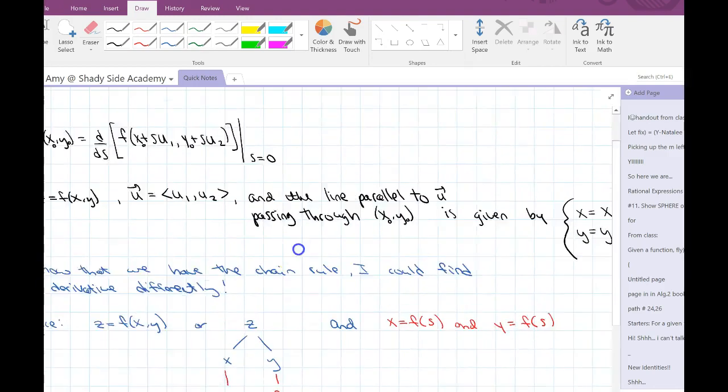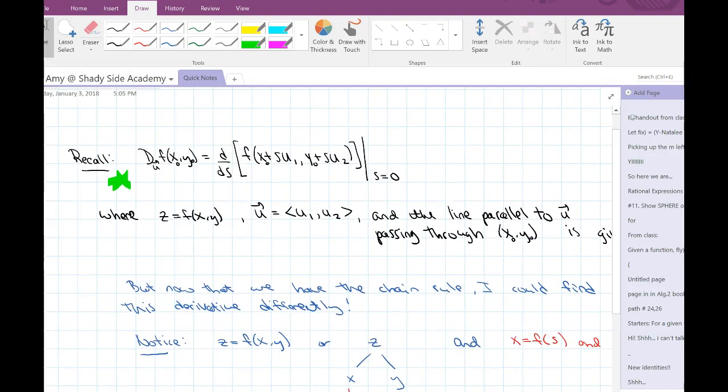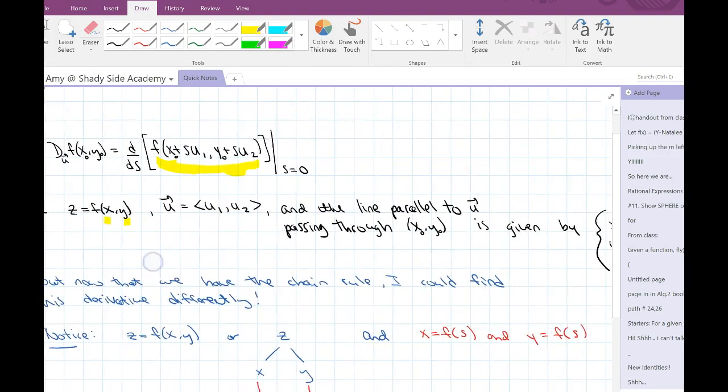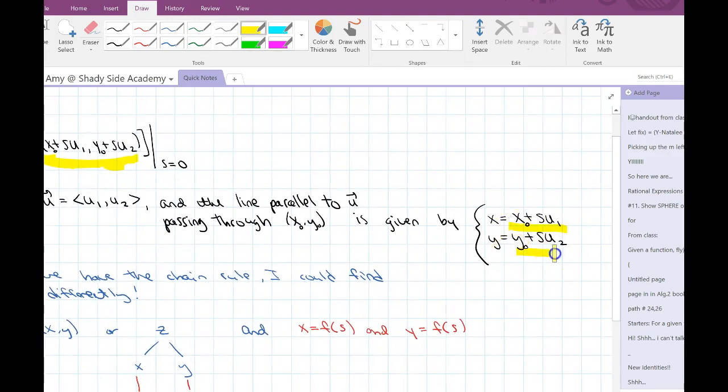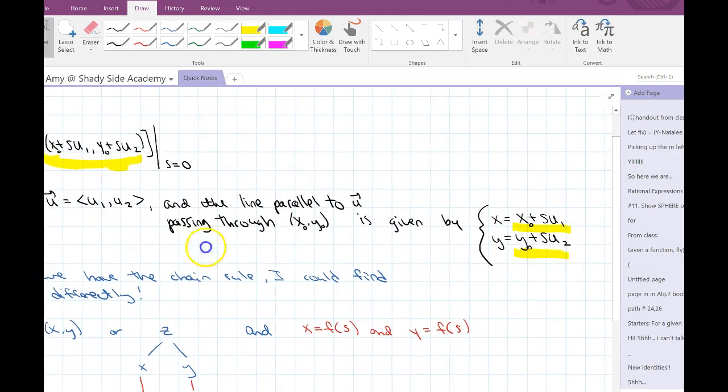And again, what you may have recalled is that when I was doing this derivation in class, at one point I said, what is this describing right here? This expression, when you replace x and y with the parametric equations of that line.